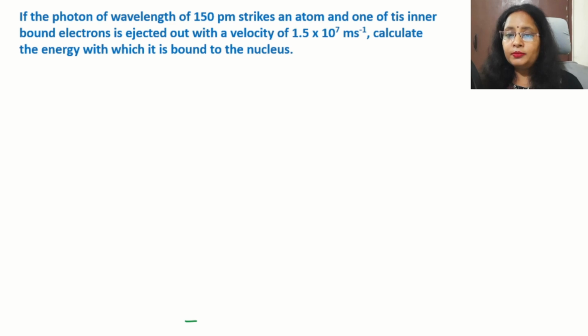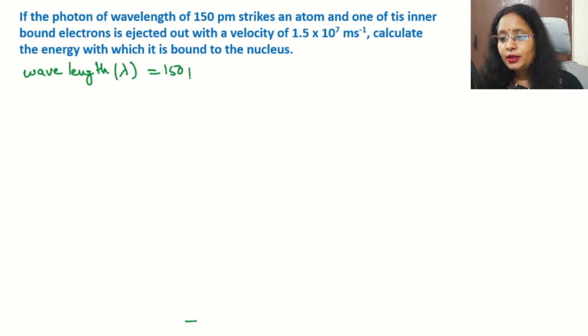Now friends, here first of all we will write whatever is given. First thing given is the wavelength, denoted by lambda. Its value is 150 picometer, which we will convert into 150 into 10 to the power minus 12 meter, because we know that 1 picometer is equal to 10 to the power minus 12 meter.